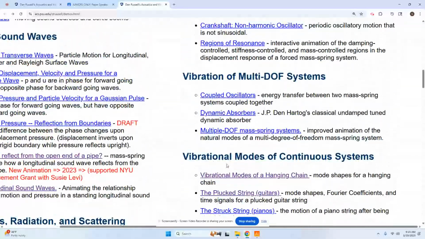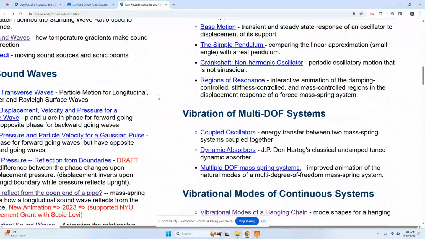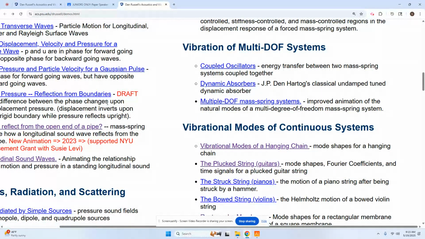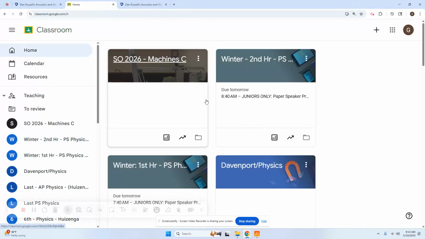What I'd like to do is give you a few minutes to just look at something that you think is interesting, look at the animation, maybe read a little bit about it, and then what I'd ask you to do is to take this link that I'm going to send you and just add to it a comment. What simulation did you find interesting?